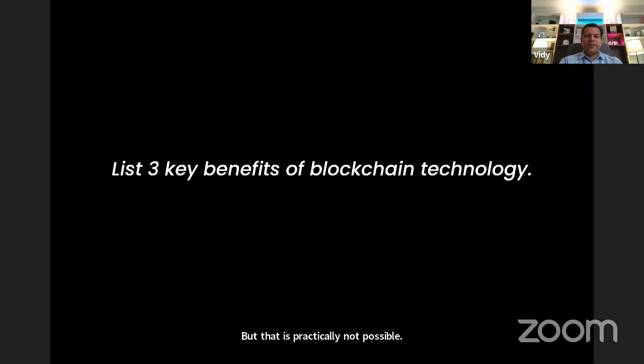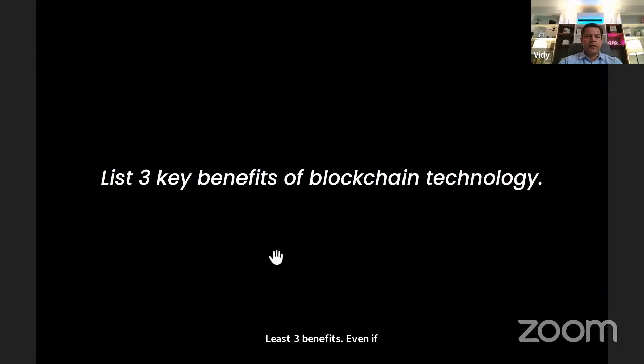List 3 benefits, key benefits of blockchain technology. Transparency, security, and decentralization. Okay. Immutability, traceability, collaboration.